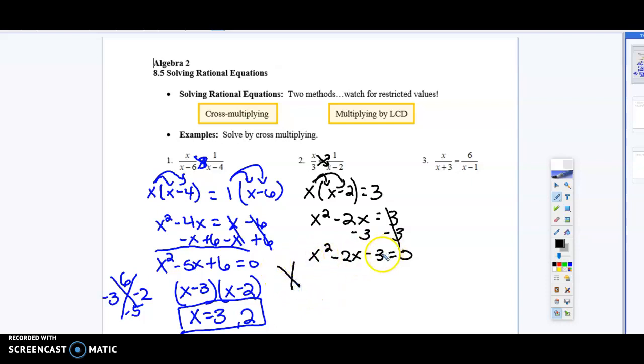So a times c is going to give me negative 3, and b is going to be negative 2. So what two numbers will make that happen? Negative 3 and 1. So this will give me x minus 3 times x plus 1. And if I set these both equal to 0 and solve, I'm going to get x equals 3 and x equals negative 1.